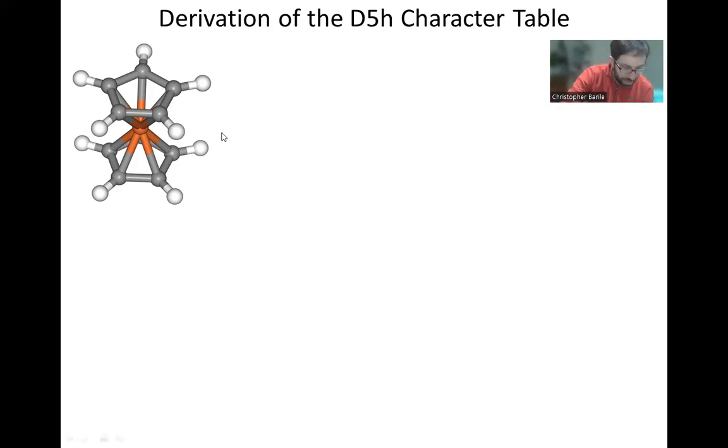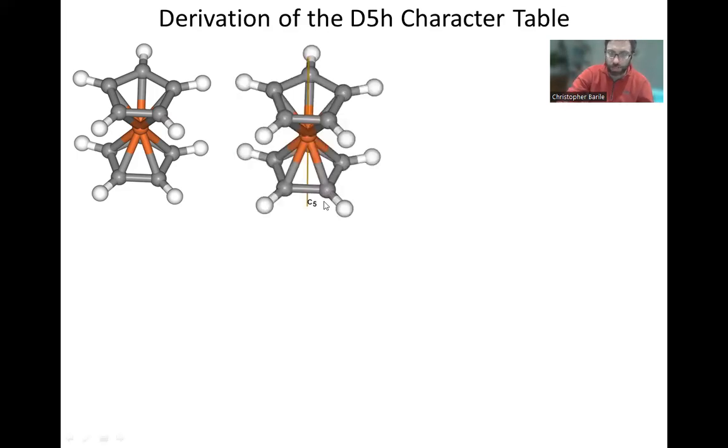And so anytime we do this, we of course always have the identity operation. And so the identity operation we use the symbol E for, and the hat notation here represents that it is an operation. And then this point group also has a C5, that's the principal rotation axis.